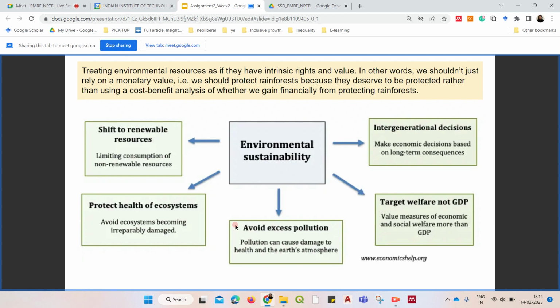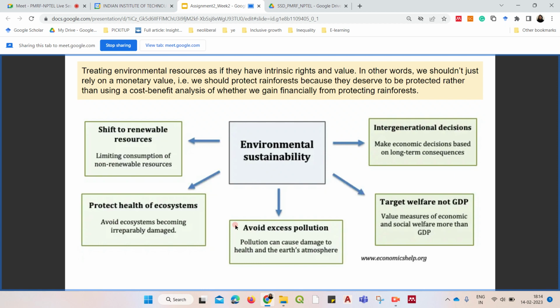And by benefit I mean economic benefit, if you see it from the perspective of purely economical sense. So environmental sustainability does not follow that line of thought, following just the cost benefit analysis of whether we gain from any environmental resource or not.